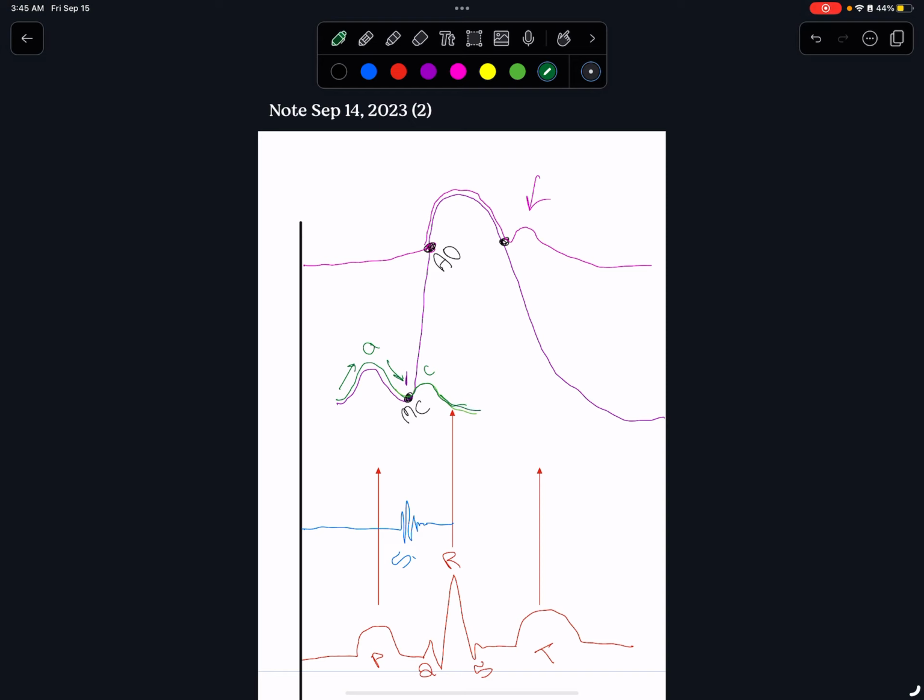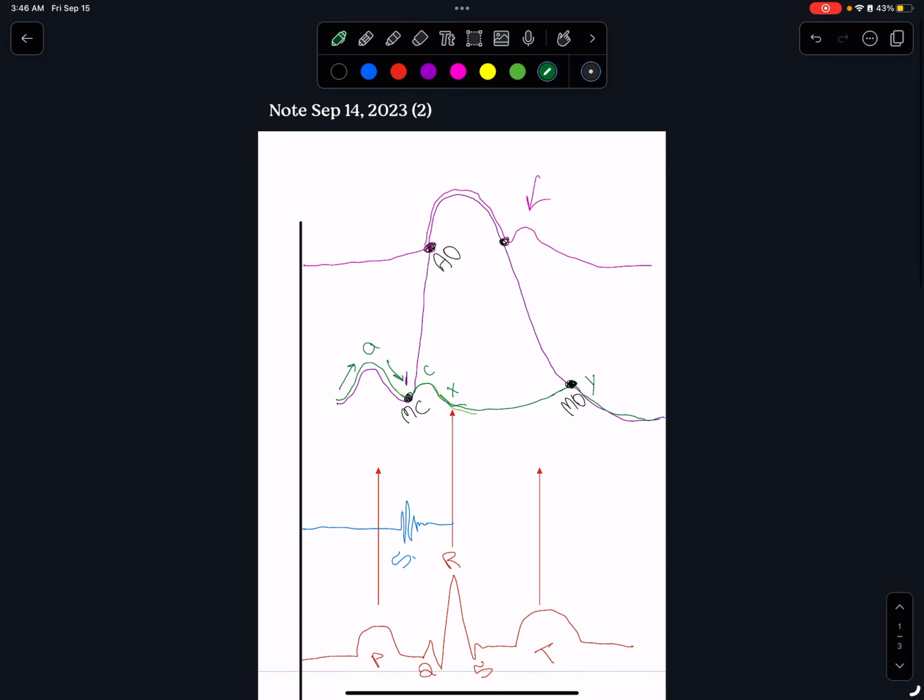Then the atria will relax and start collecting blood from the system or from the preload until it reaches a point where the atrial pressure is about to increase more than the ventricular pressure, and then the atria will start to empty and the mitral valve will open. Here the mitral valve will open, mitral opening. Okay, and as we said, here the atria will relax, so that's the X wave for atrial relaxation, and then the atria will collect blood until it comes here to empty blood.